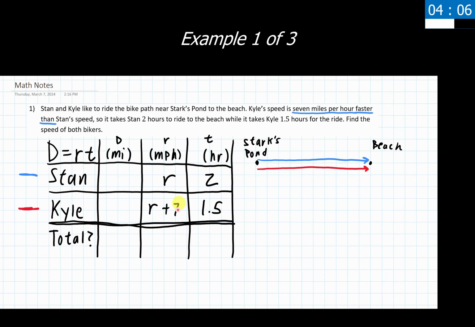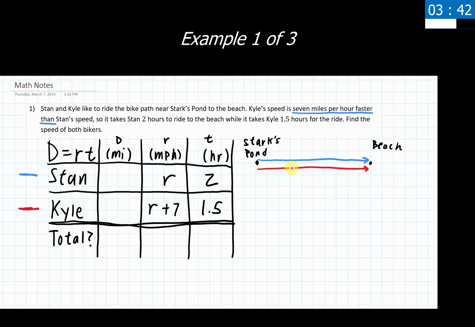Okay, so we know that they're traveling at different rates. We know that they therefore have different times that they've traveled. Well, what do we notice about the distance here? What we notice is something very subtle. It's kind of generalized, but it is very important in these distance, rate, time problems. I do not know the exact distance that Stan and Kyle traveled.